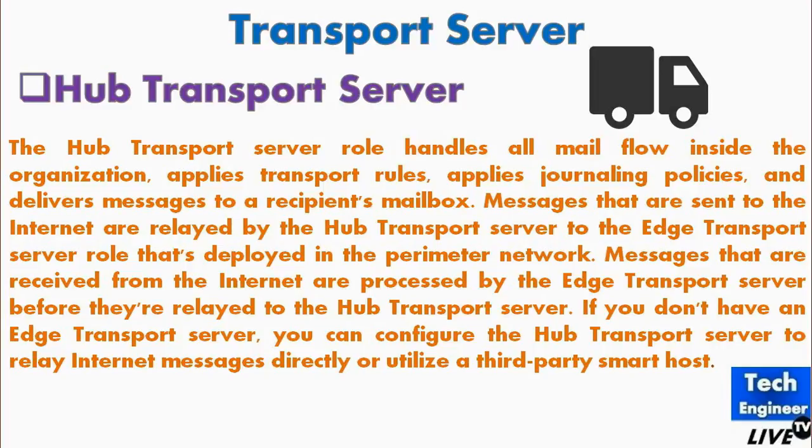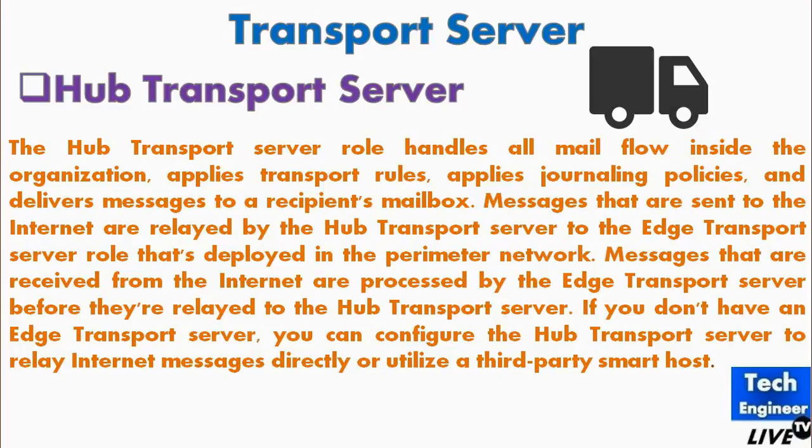For example, your company is in Delhi, and in the premises whoever has mail rights is able to send mail. But you're not able to send mail from Mumbai, Gurugram, Hyderabad, or any external place, for example from your home, unless you add the edge transport server and allow your mail to go outside.